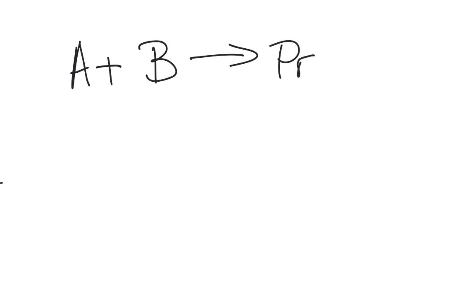So let's think about an imaginary reaction, one with, again, A and B. So A plus B react to make the products. We're not going to worry about what the products are in this case.